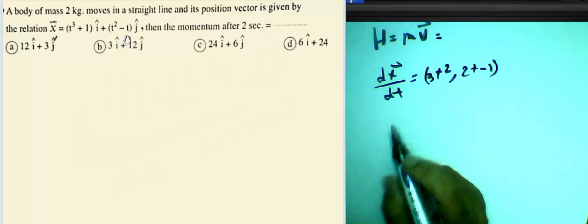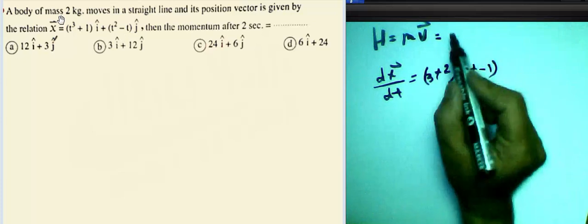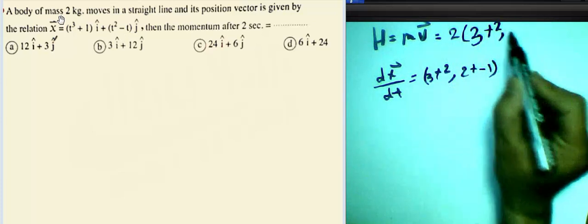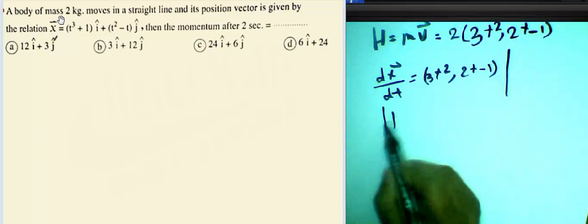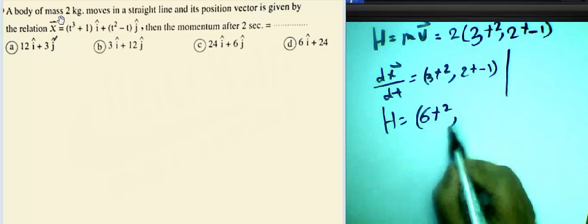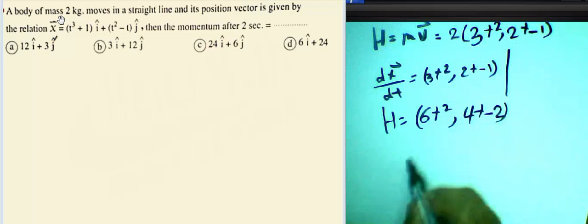And the mass was 2 kilograms. So we multiply 2 by 3t squared and 2t minus 1. The momentum equals 2 times 3 equals 6, so it will be 6t squared, and 4t minus 2.